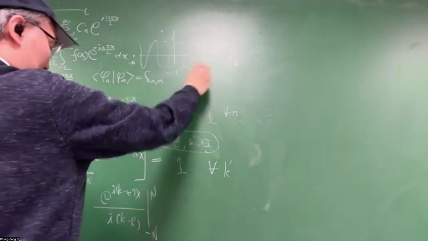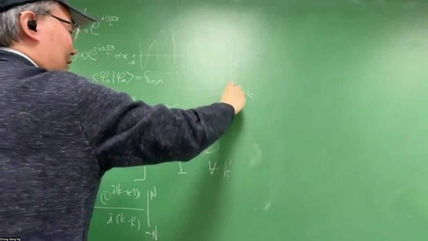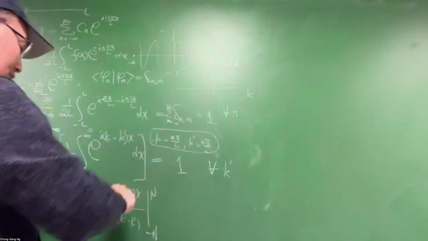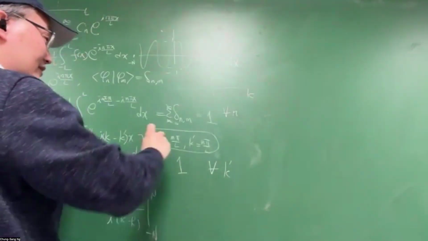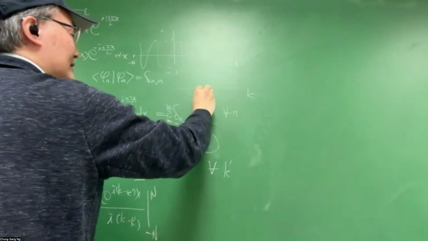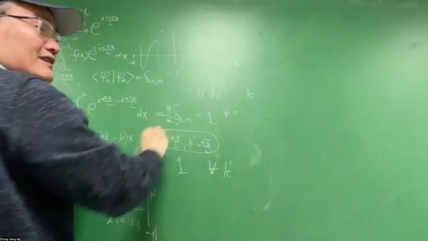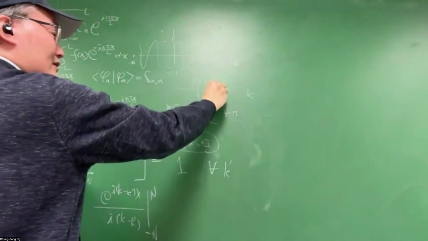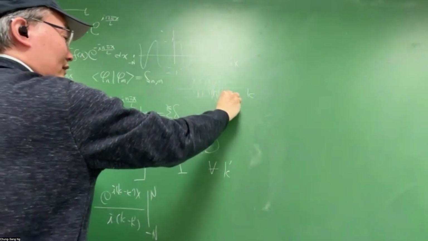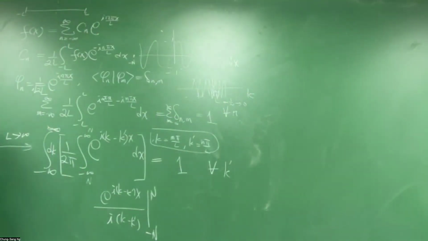So if you just stop at any N, as long as k does not equal k prime, no matter how small the difference, this function is just oscillating. The wavelength is proportional to 1 over N. There's also a profile.